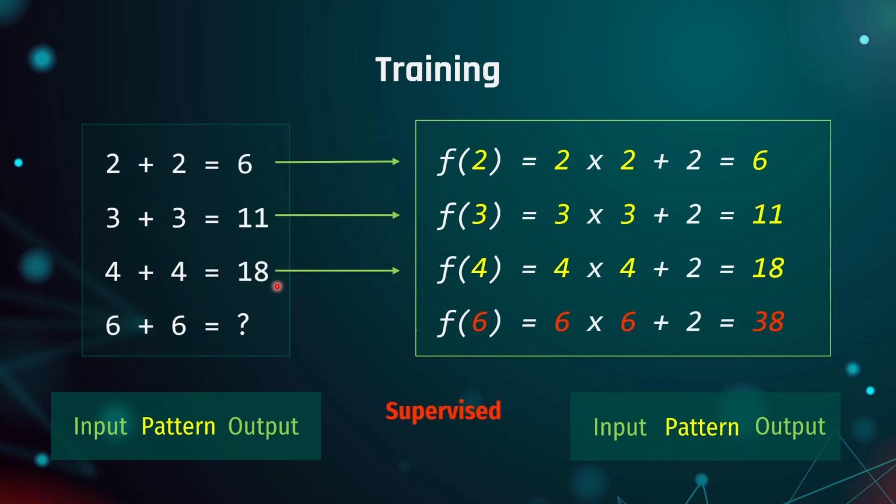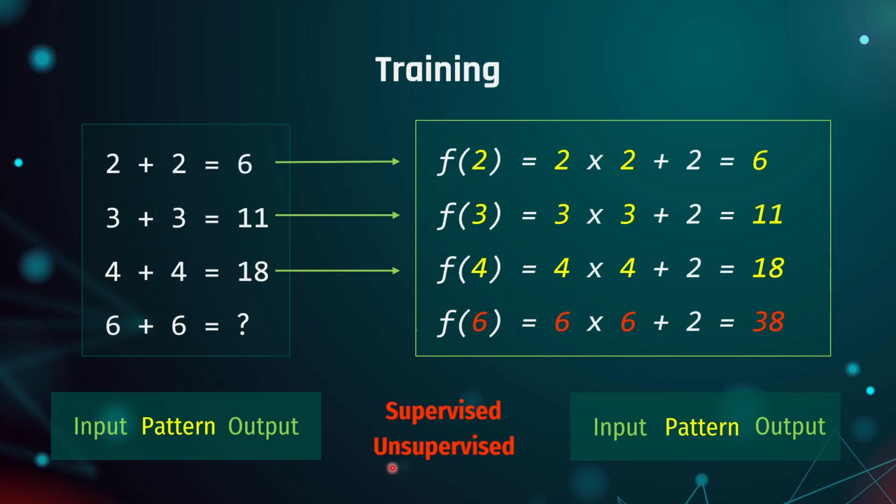And the concept is quite easy, right? All we have to do is provide a bunch of inputs and their corresponding outputs so that the model can learn the pattern, okay? But in reality, models like GPT or ChatGPT are not trained in a supervised way. They are trained in an unsupervised way, right?